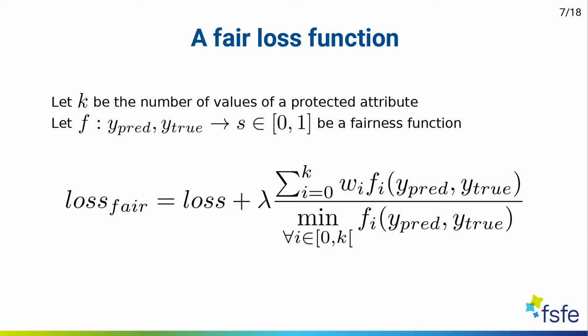The protected attribute is something sensitive, like the gender, the religion, the skin color, and so on. You sum up the result of this function for all possible values of a protected attribute, you divide by the minimum, and you try to minimize this value as well as the loss, meaning that you both optimize for the accuracy of the model and for its fairness at the same time.